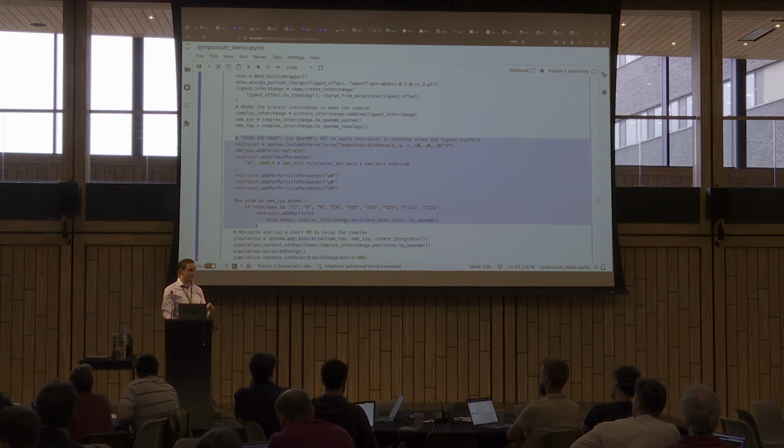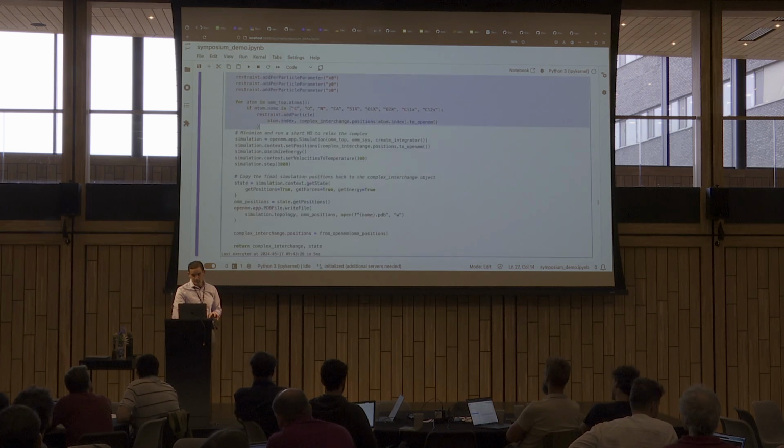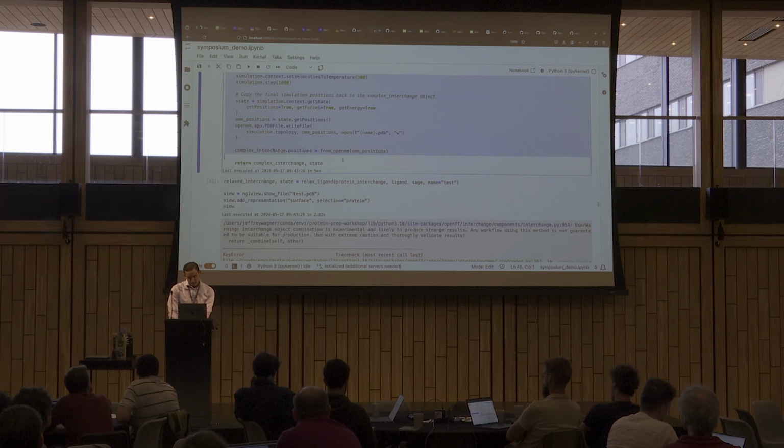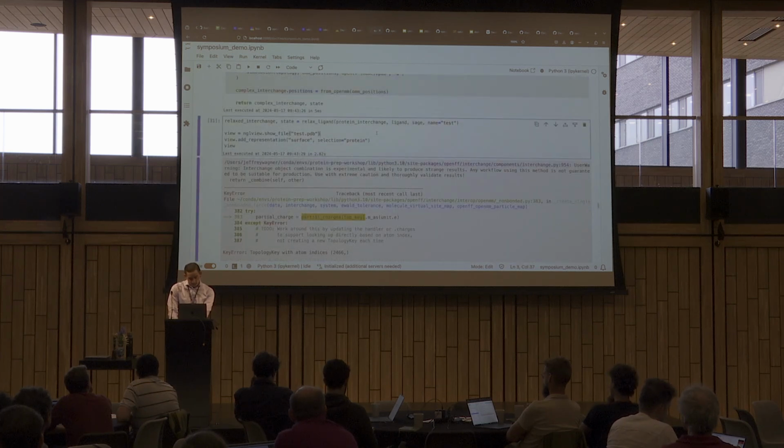We need to go into the resulting OpenFF simulation and restrain some of them, and then some gobbledygook to say, go ahead, minimize this simulation, and then update the interchange with the new coordinates that came out. So now we'll have a complex that no longer has steric flashes. It's relaxed, it's resolved. This thing hates me.